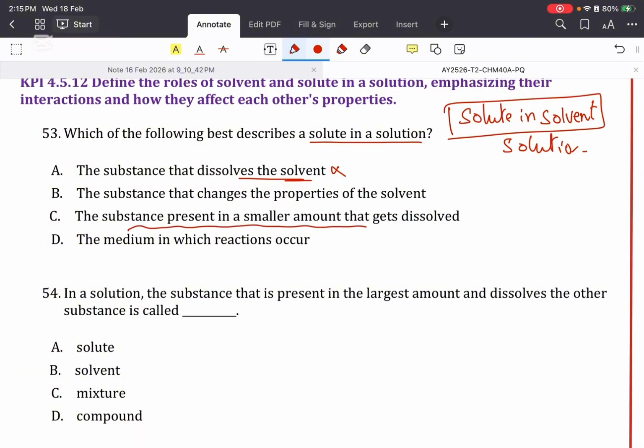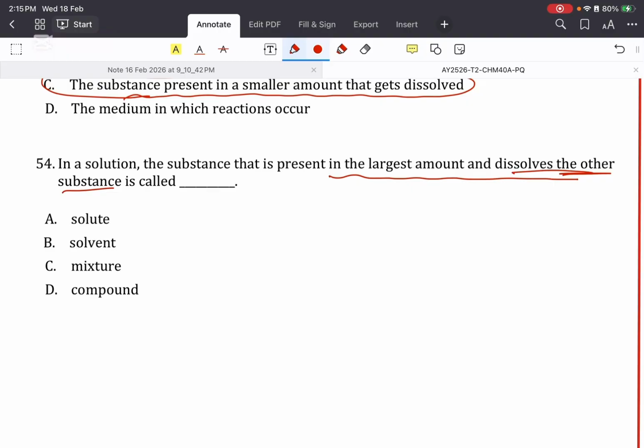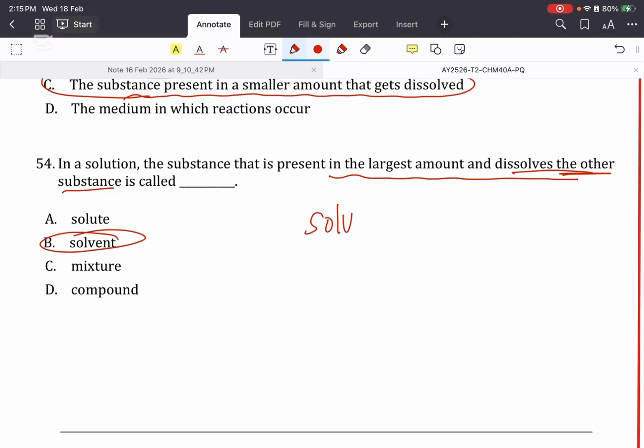Usually the solute is the one present in smaller quantity, and a solvent is more in quantity than the solute. In a solution, the substance that is present in the largest amount and dissolves the other one is called the solvent. So it's always solvent in more quantity and solute less quantity.